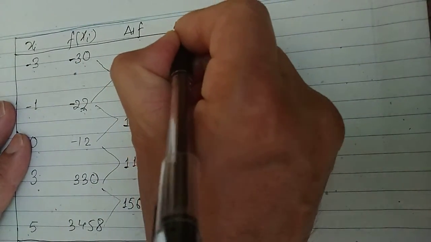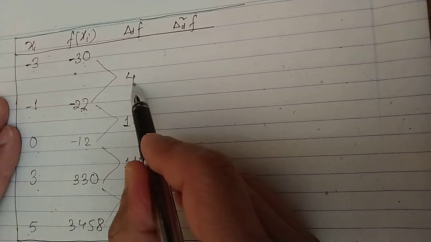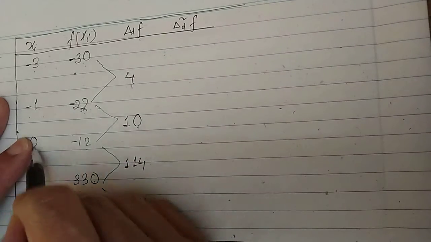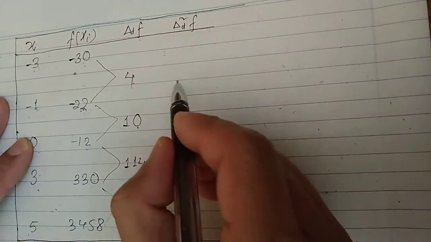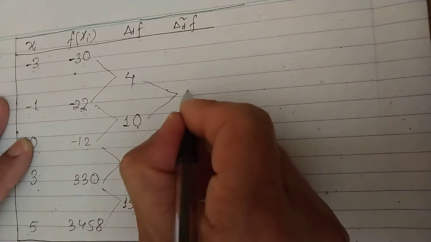We'll do the second divided difference, delta d square f. So 10 minus 4 divided by 0 minus -3. Now, 0 minus -3, how much is it? 2.